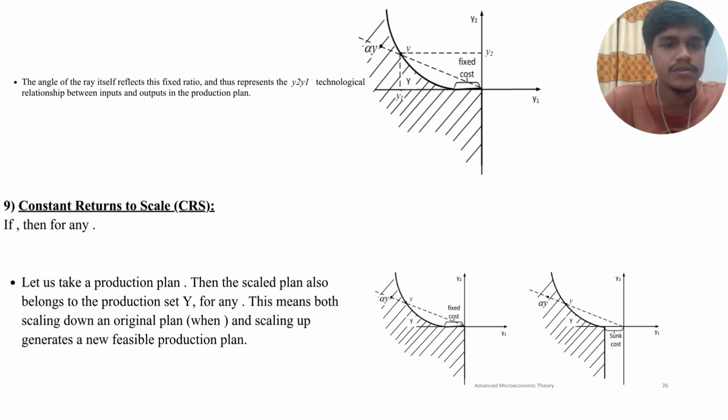Every point along this ray is a version of the original production plan, maintaining the same output to input ratio of $2 to $1. This straight line shows you can increase or decrease both input and output by any positive factor, like alpha, and always stay within the feasible set as long as you start with a feasible point.